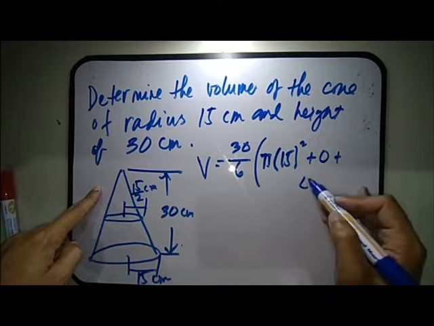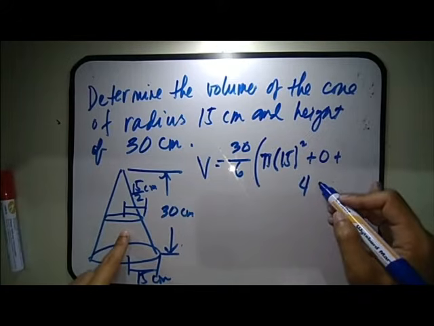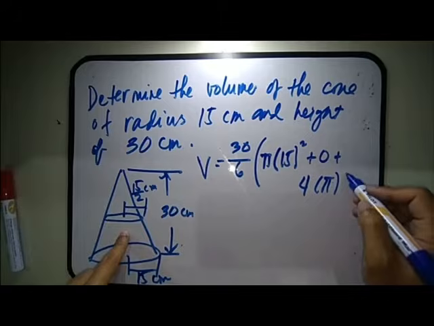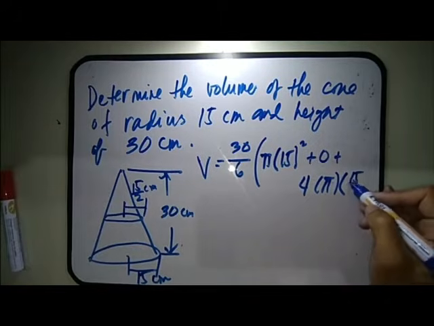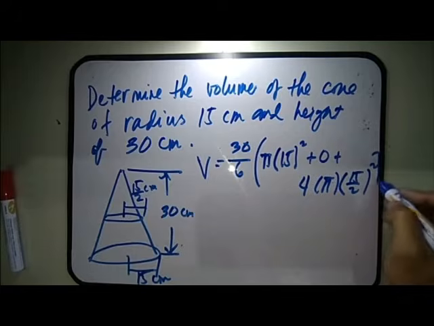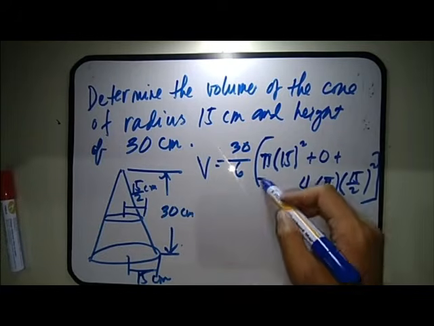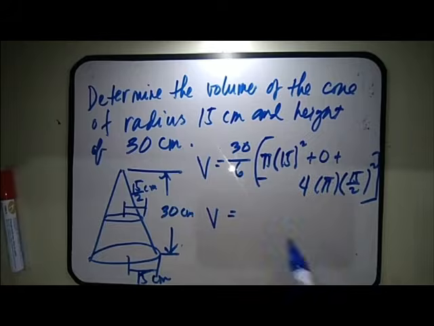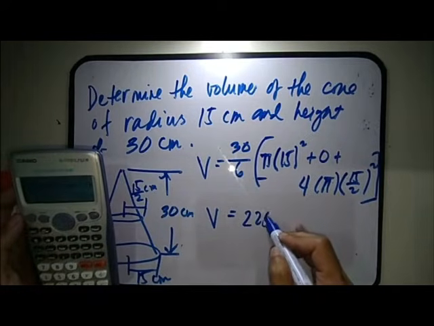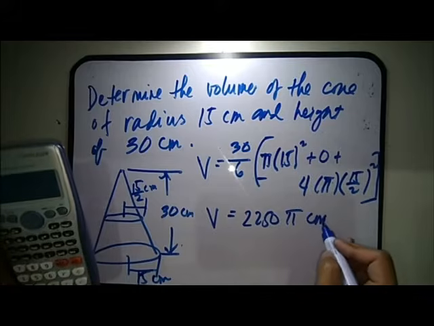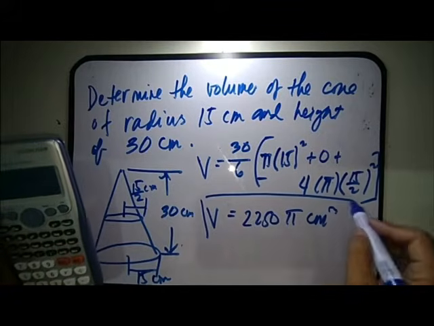Plus 4 times its mean area, pi times, where the radius is 1/2 of the bottom, so 15 over 2 squared. So, the volume is 2,250 pi cubic cm.